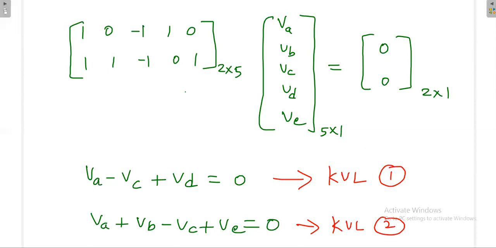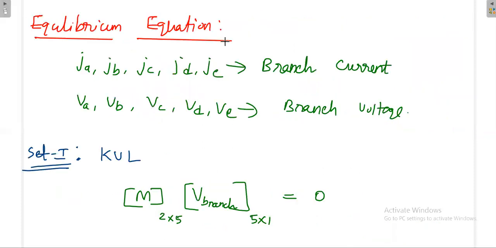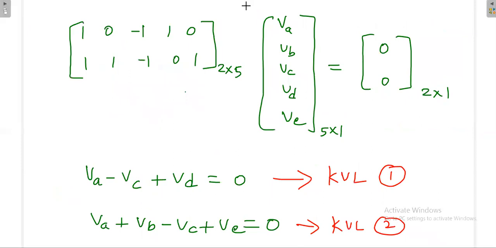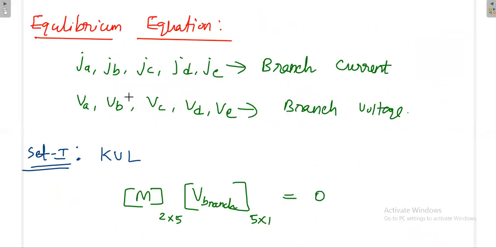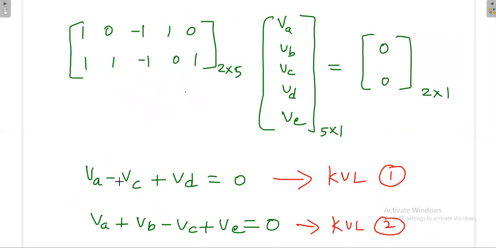When you are in loop 1, you are associated with branches A, D, and C. So it is simply VA, VD, and VC, but VC will have the minus sign because your loop current is in this direction, but C is coming the other way, so it's opposite in nature.